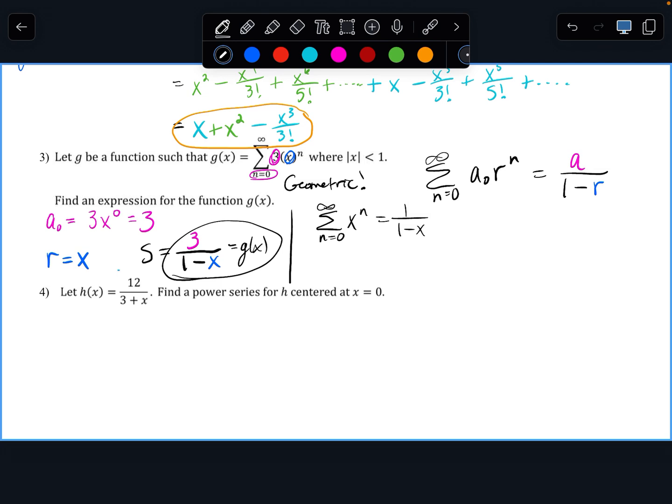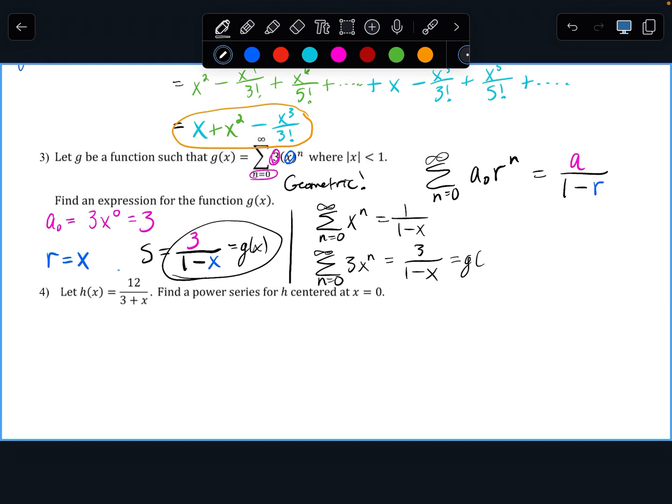That was the first one on the list, right? So you could do it that way and notice there's just a 3 multiplied to it. So I just multiply that series by 3. That's another way to get it.